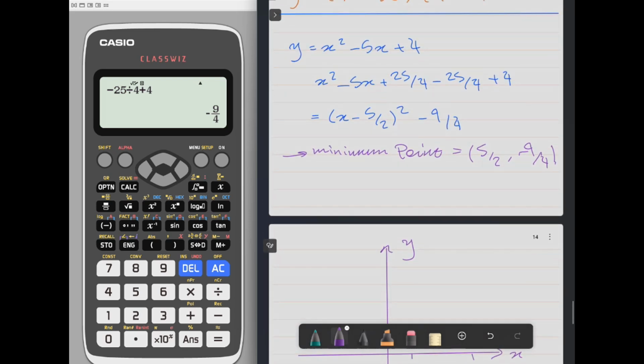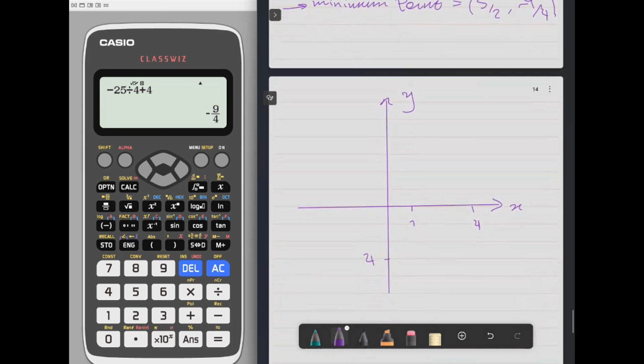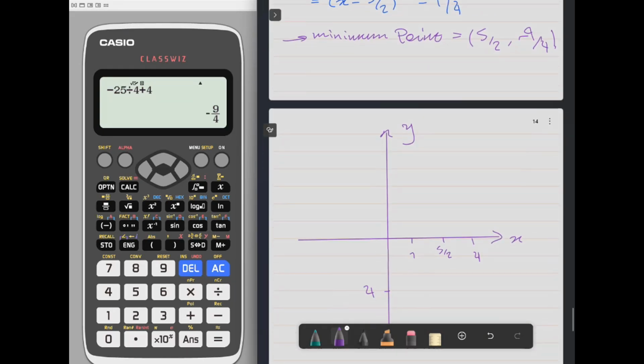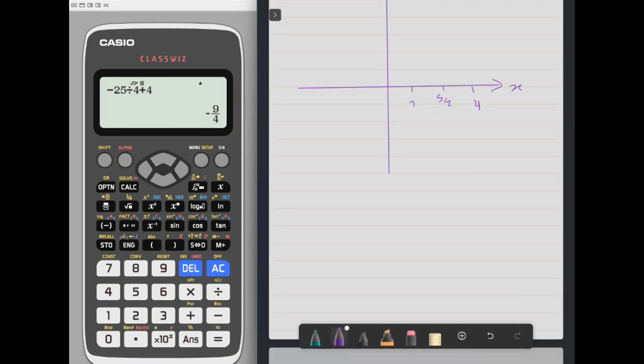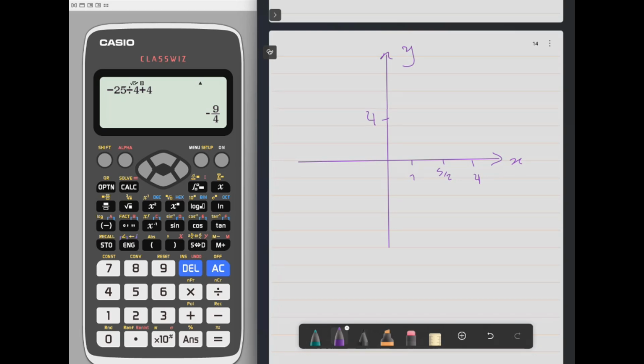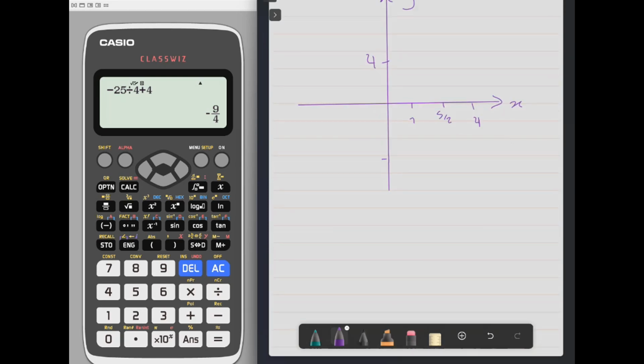And I had 5 over 2 and minus 9 over 4. Sorry, why did I put 4 there? Okay, wait. This is going to be 5 over 2 and minus 9 over 4. So I just bold the points that it needs to pass through, right? So these are the 4 points that it needs to pass through.